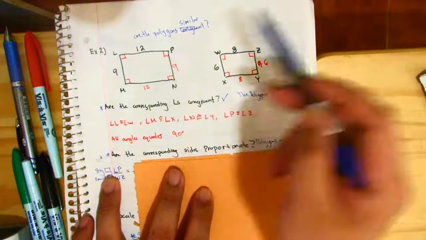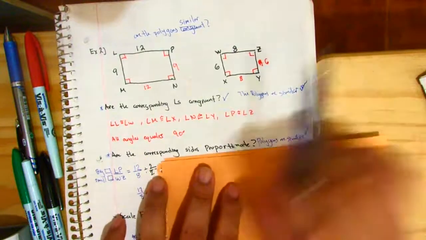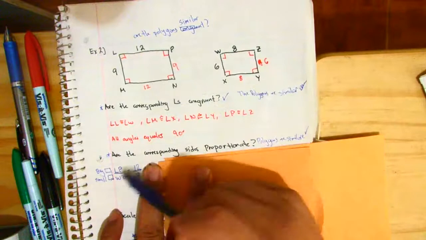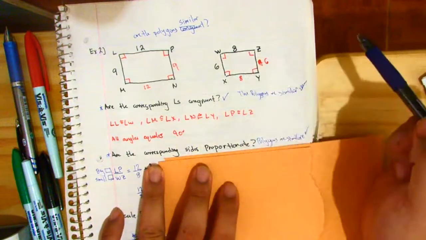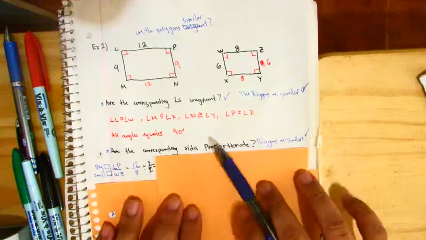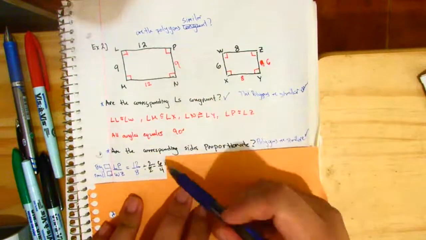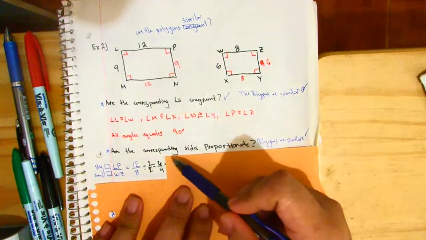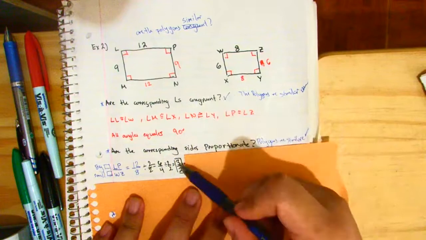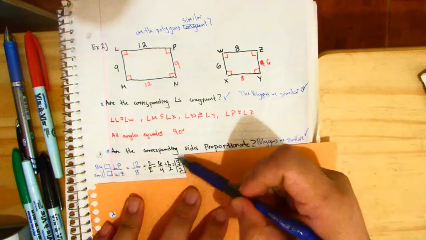LP is going to be proportionate to WZ. LP has a value of 12, and WZ has a value of 8. When we're doing this, we can divide 12 and 8 by 2, and get 6 over 4. We can still simplify that more by 2 to get the scale factor, or similarity factor, of 3 over 2.